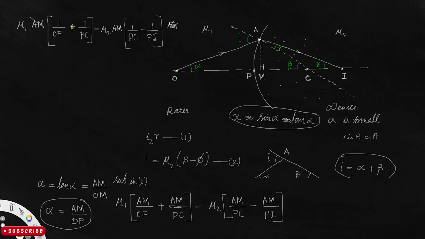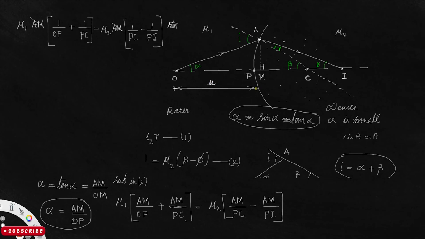So you can cancel this. Now let me put the values of v, u and r in here. U actually means the distance of the object from the point P, or the pole of the spherical surface. So this is the u.